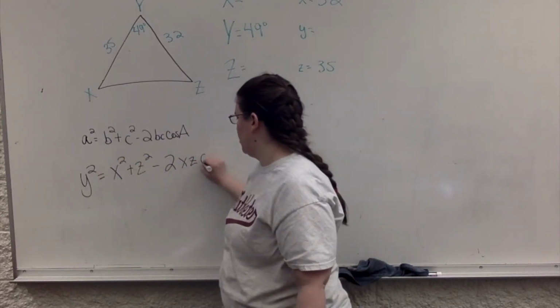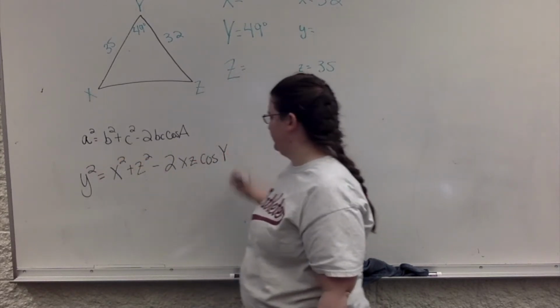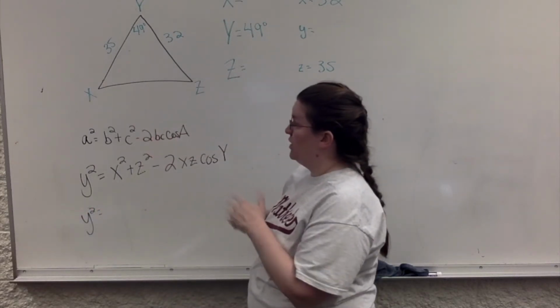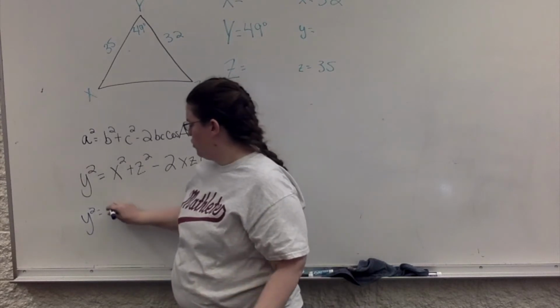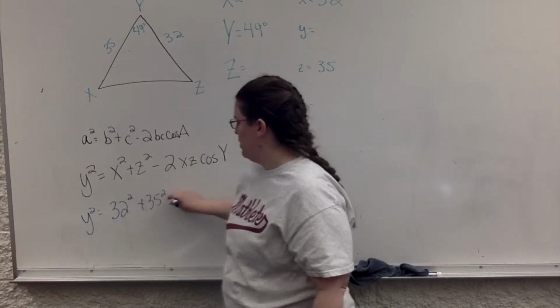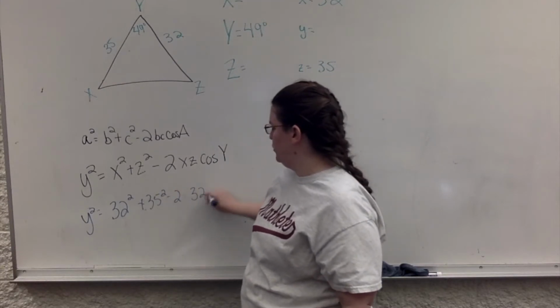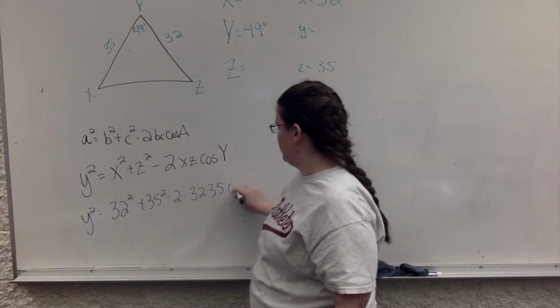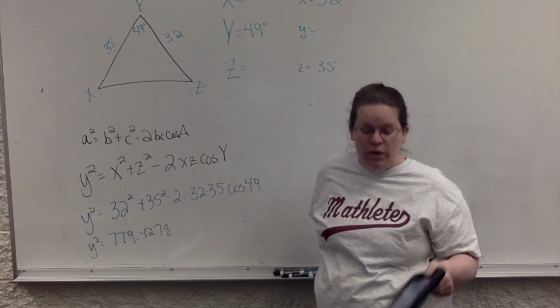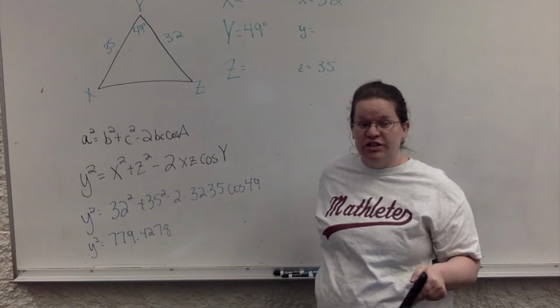So this one's going to be cosine y. So we're going to have y squared equals 32 squared plus 35 squared minus 2 times 32 times 35 times cosine 49 degrees. So here we got y squared equals 779.